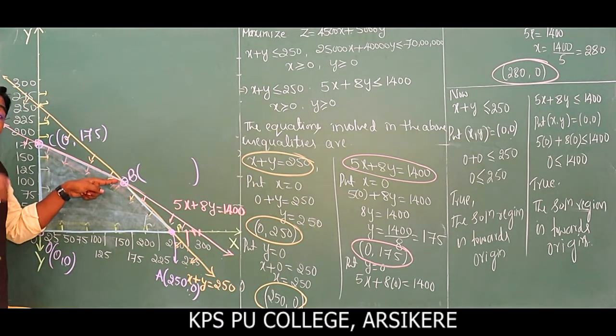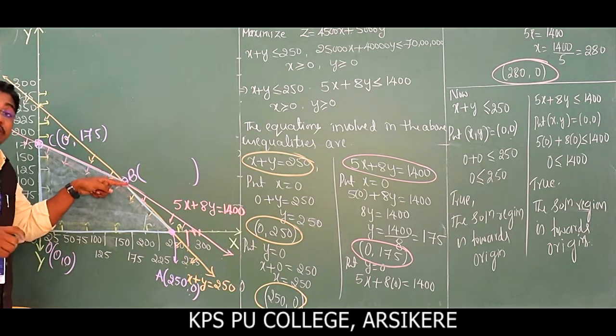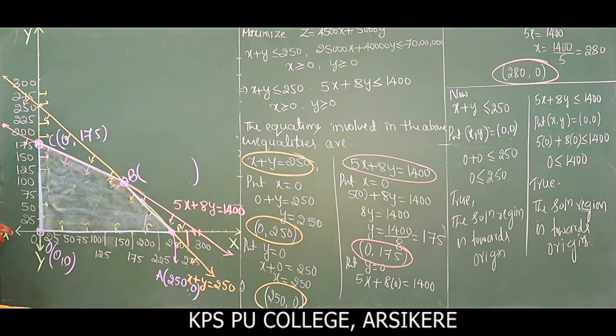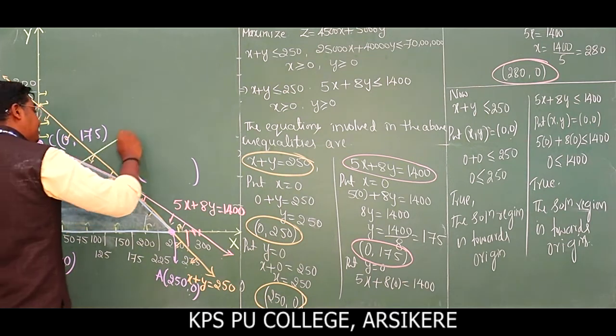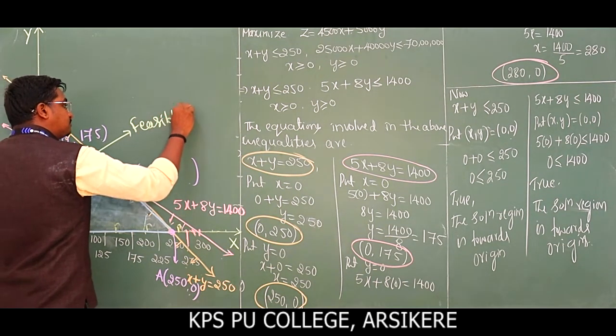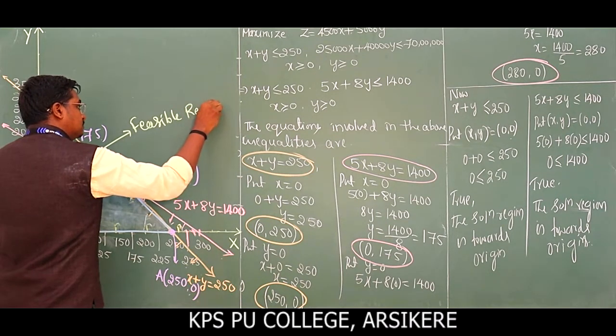This is nothing but the point of intersection of these two lines, x plus y is equal to 250 as well as 5x plus 8y is equal to 1400. This shaded region is what we call the feasible region. Okay.